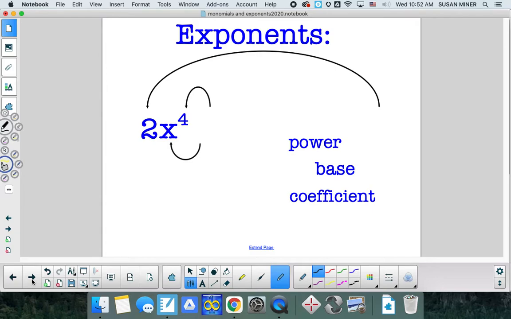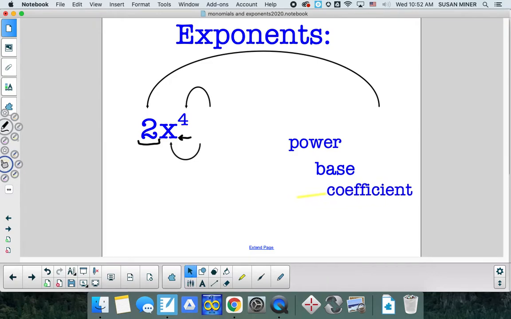Here's some more vocabulary. When I have a number out in front of a letter, here's my letter, it is always called the coefficient. Oh, and I want to get my arrow now back. The number out in front is the coefficient. When I have a letter, we call it the variable. It is the variable right here. X is the variable.